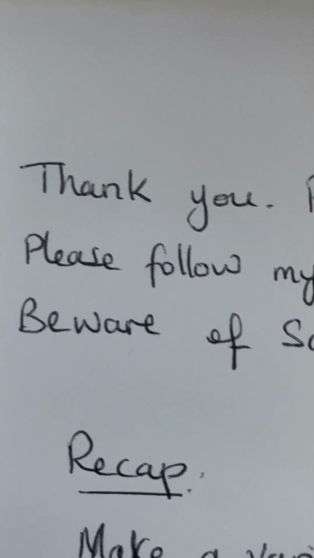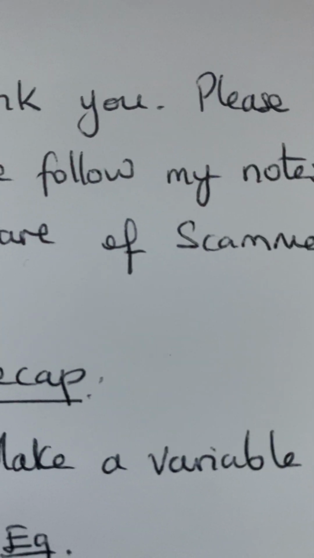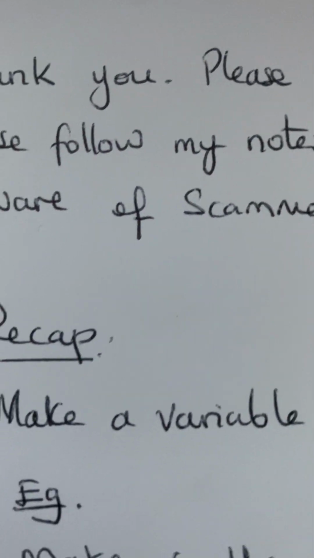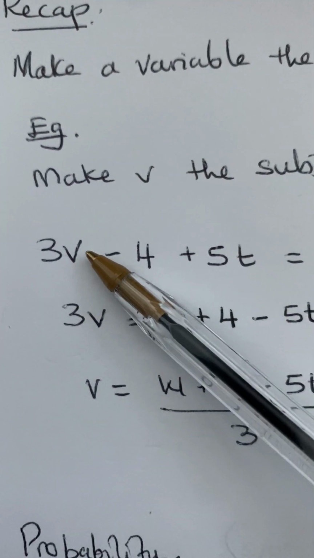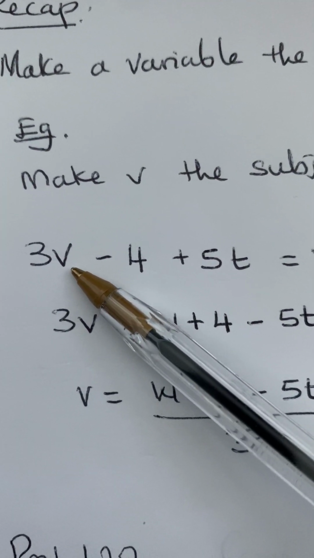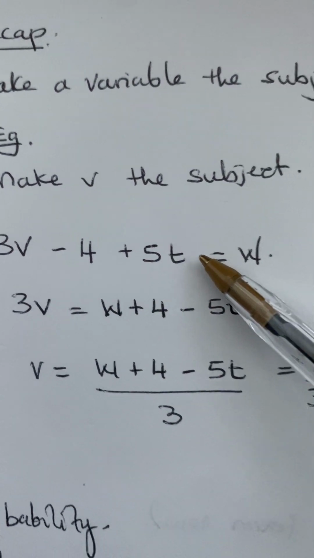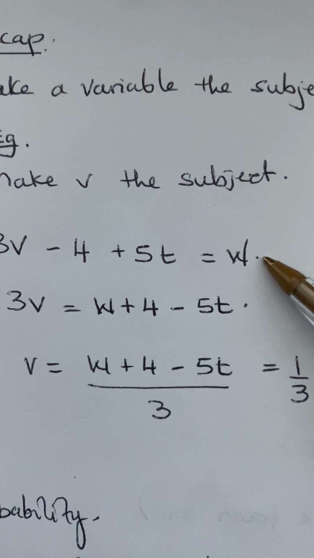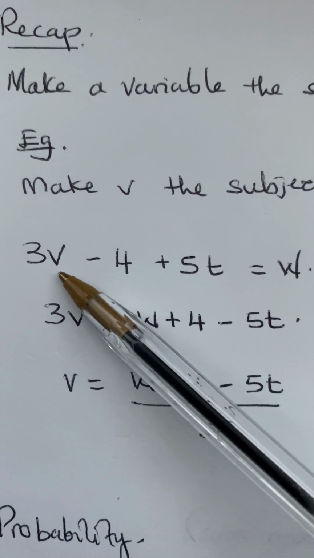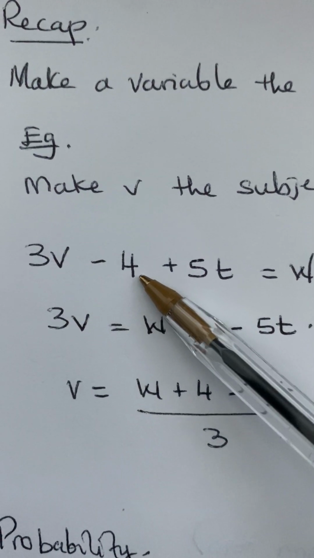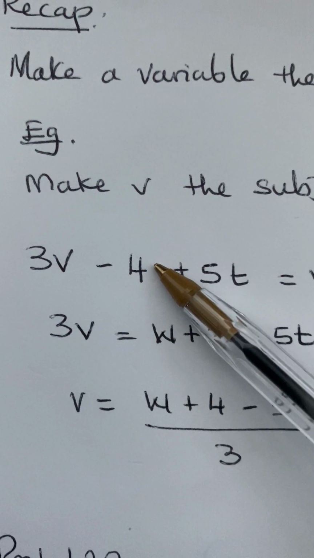When I upload the videos, at times I realize that maybe I said things wrong. For instance, this is 3v minus 4 plus 5t equals w. So if you end up hearing 3 minus 4v, no, it's 3v minus 4.